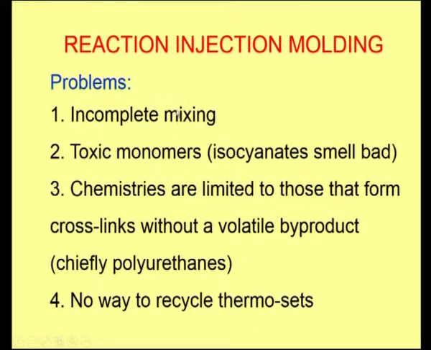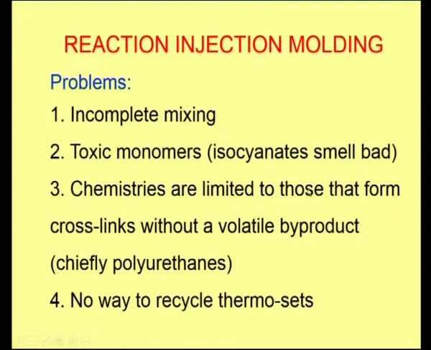So, incomplete mixing is one of the main issues, and mostly polyurethane is the polymer used in the reaction injection molding process, where isocyanate is the important component, and it is also toxic. So, there is an environmental issue, and chemistries are limited to those that form cross links without a volatile byproduct. So, this is the other thing.